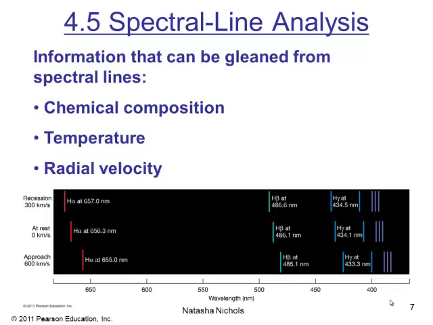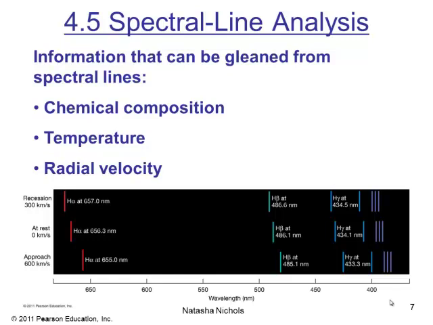On the other hand, the top spectrum shows the slight redshift of the hydrogen lines from an object moving at a speed of 300 kilometers per second away from the observer. So notice how, because the object is moving away, we have a Doppler redshift. So all the lines have shifted towards the red, towards the left in this case.